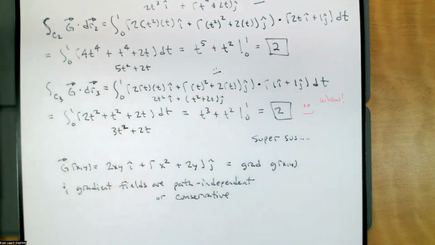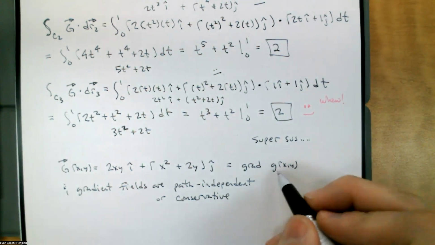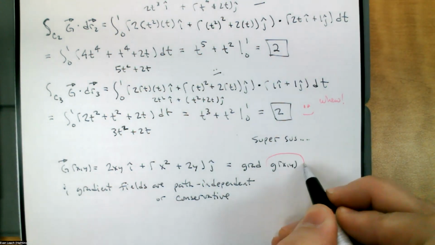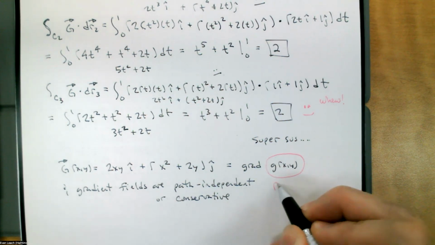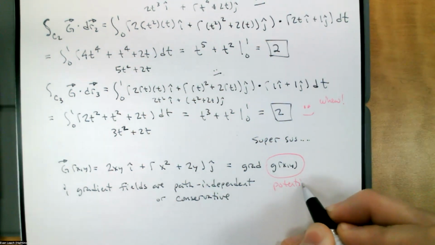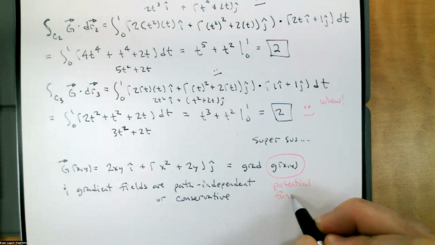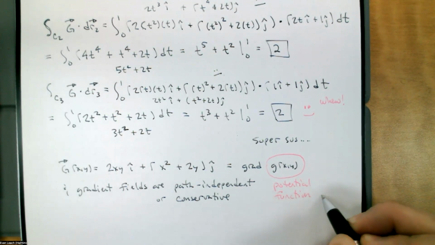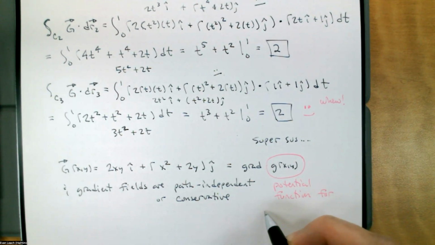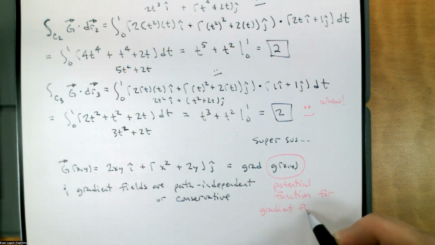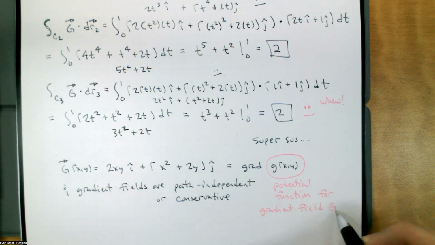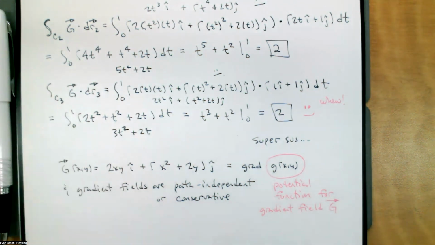The function g of xy is known as the potential function. That's the potential function for the gradient field g.